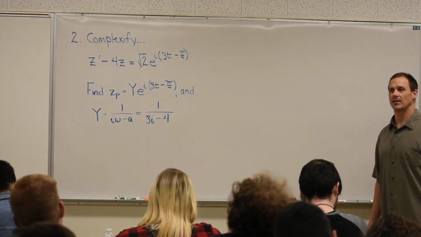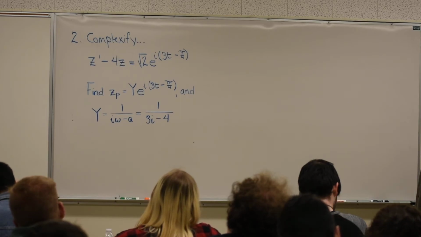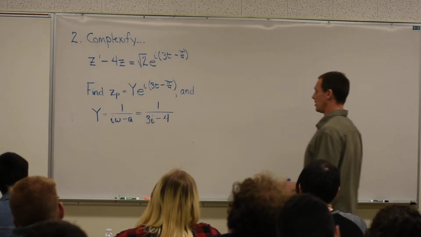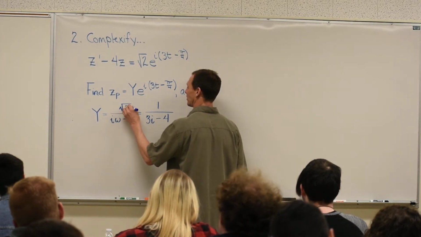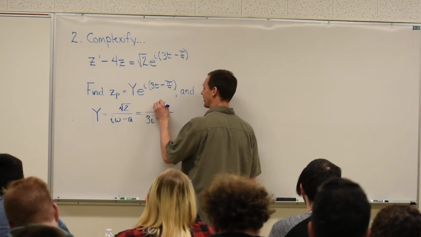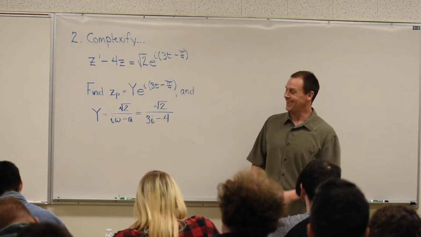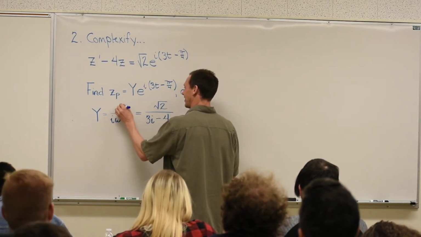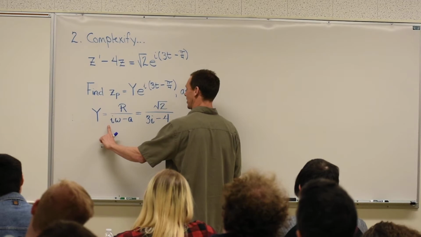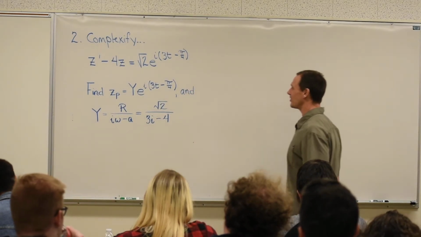Yes, that'd be R on the top, which would be root 2. You're right, there would be an R. That's what this line was, I was shorthanding square root of 2. That's the form of it, with our specific numbers.